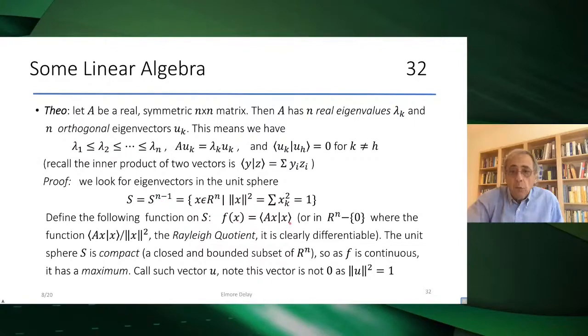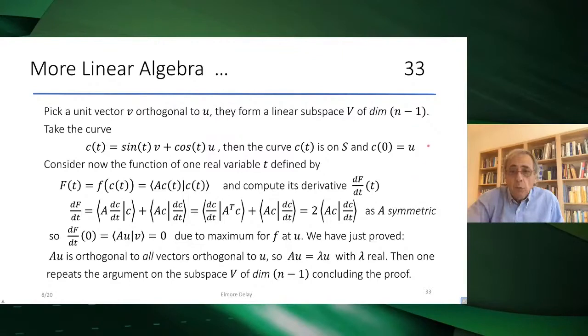You define this function. The n-dimensional sphere, meaning the vectors of norm 1, is a compact set, meaning bounded and closed. F is continuous, obviously. So it has a maximum. And that maximum has norm 1 here. You produce a curve over that sphere by taking a perpendicular vector and doing cosine plus sine.